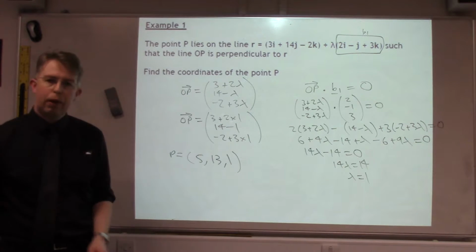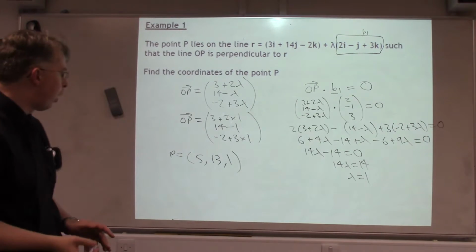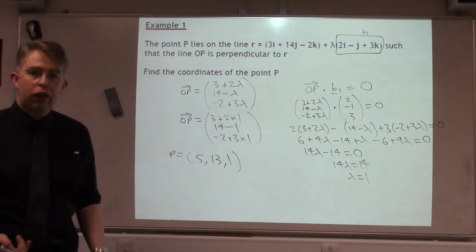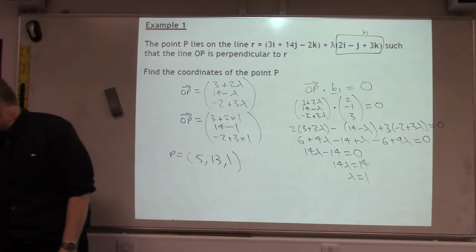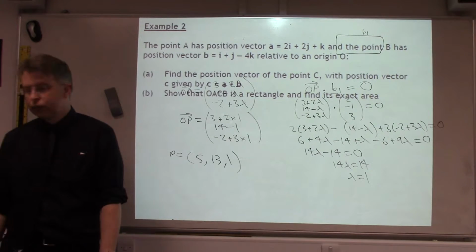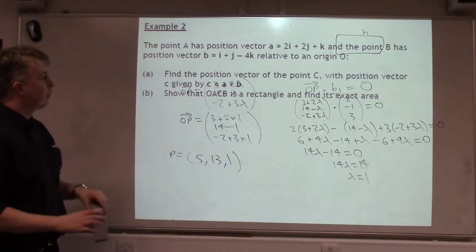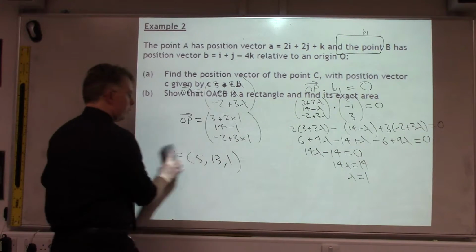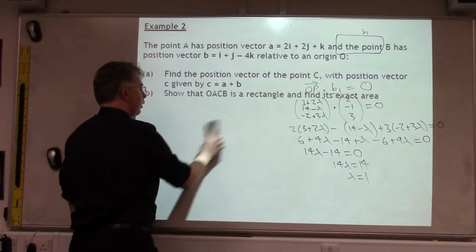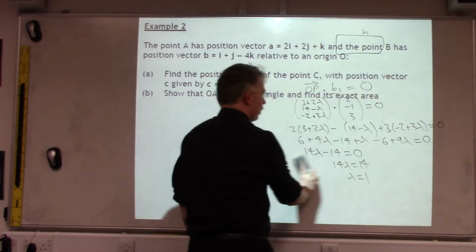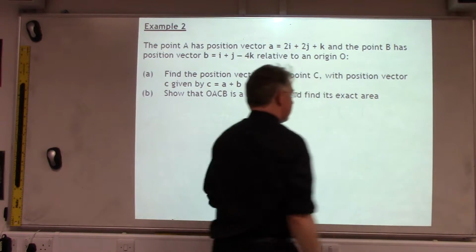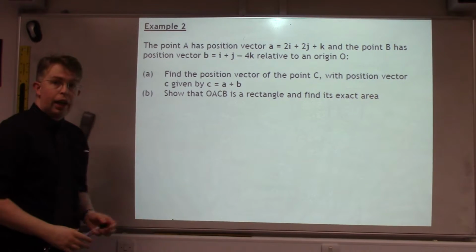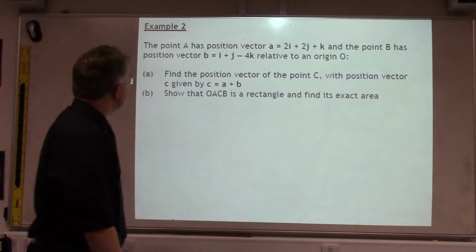The coordinates of the point P are 5, 13, 1. This is one of the more common extension questions for vectors. Less common, but still fairly interesting.